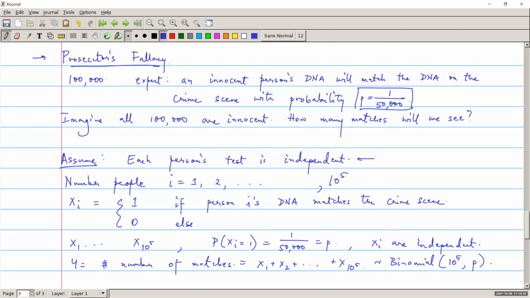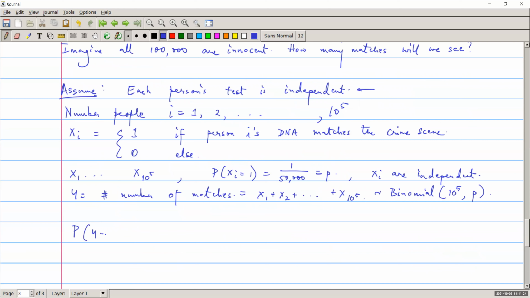Like Donovan was saying, the number of matches could be any number from 0 to 100,000. Exactly, the number of matches is a binomial random variable with parameters 10 to the 5 and 1 over 50,000. Does everyone see the connection between this question and what we have been asking? So we know the probability Y will be exactly one match. What's the probability Y is 1?